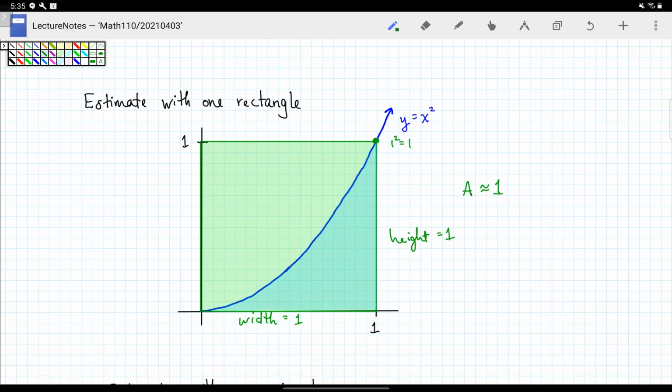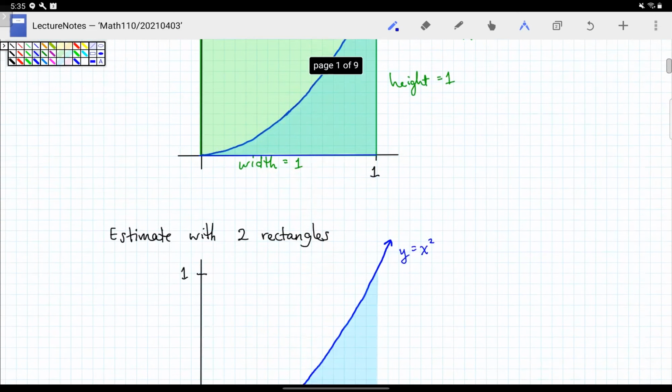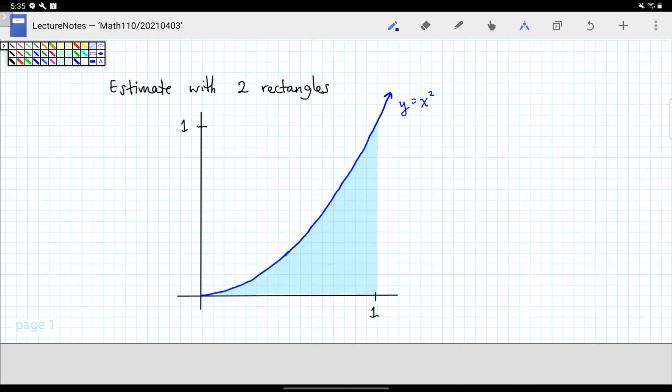We're going to divide this interval from 0 to 1 into subintervals, and then look at the function values at certain spots along the subintervals to get heights of different rectangles. So let's see how this plays out with 2 rectangles.